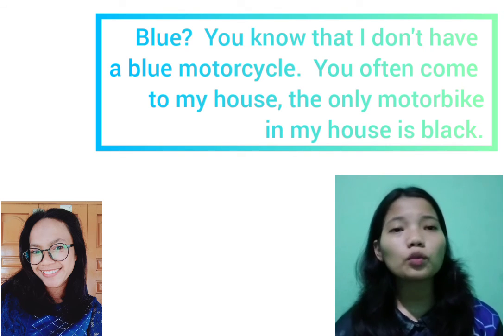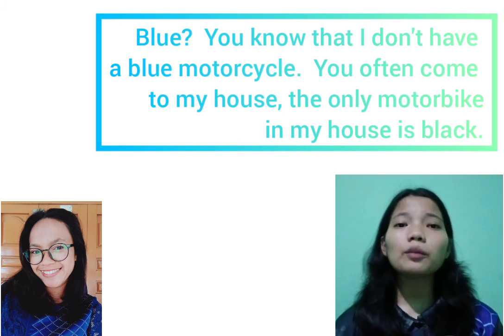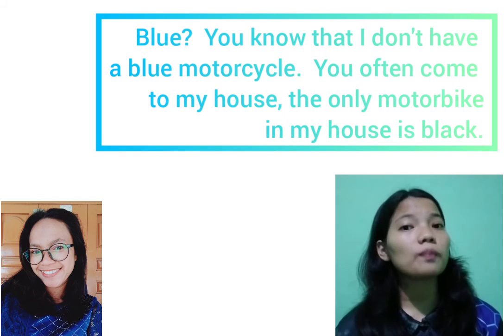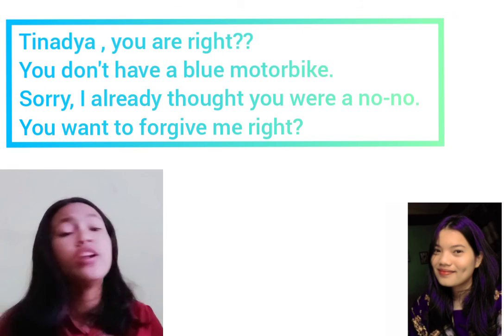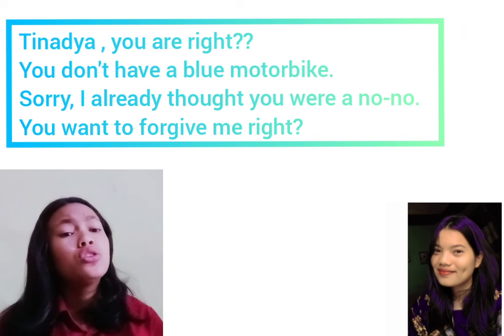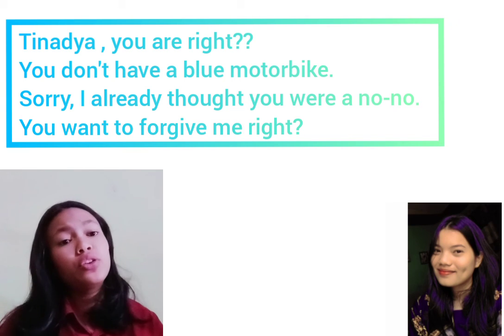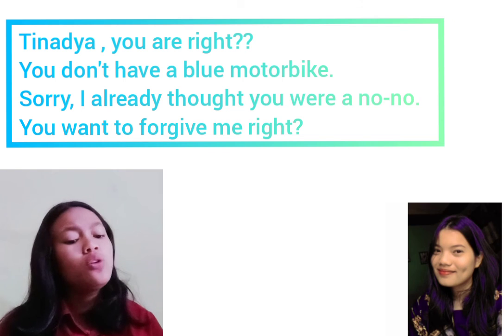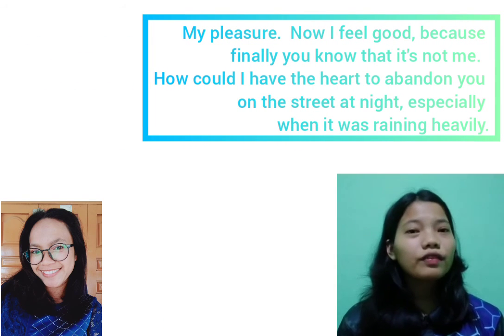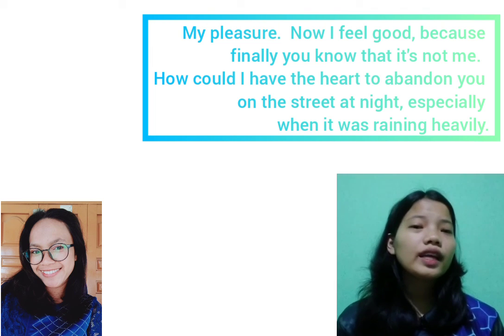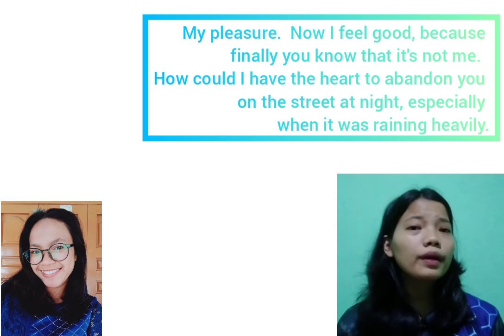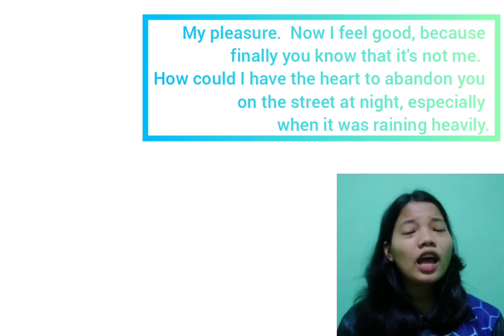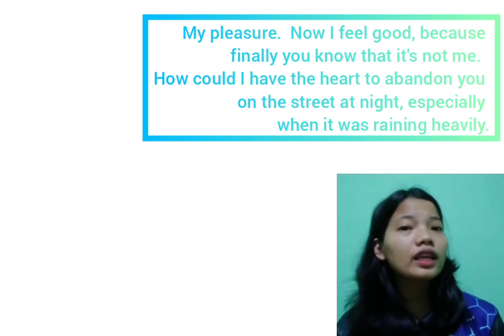You often come to my house. The only motorcycle in my house is black. Tinadia, you alright? You don't have a blue motorbike? Sorry, I already thought it was you. You want to forgive me, right? My pleasure. Now I feel good because finally you know that it's not me. How could I have the heart to abandon you on the street at night, especially when it was raining heavily?